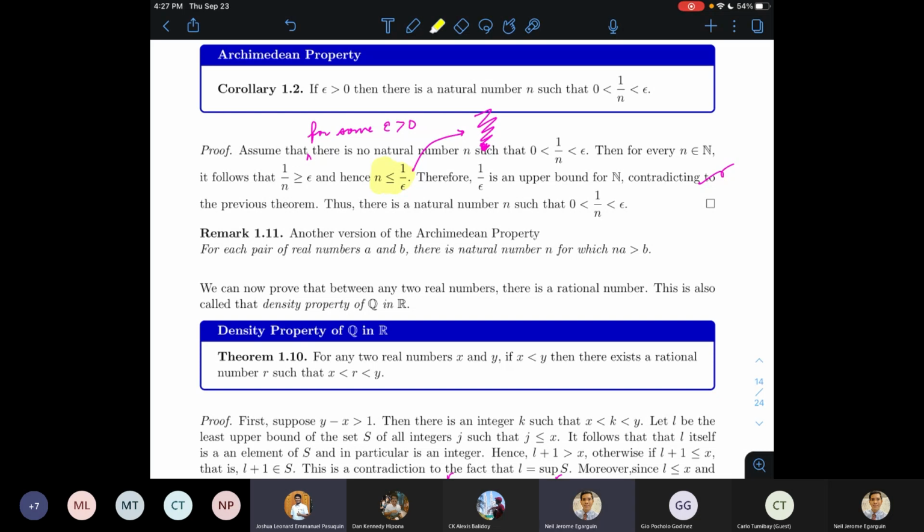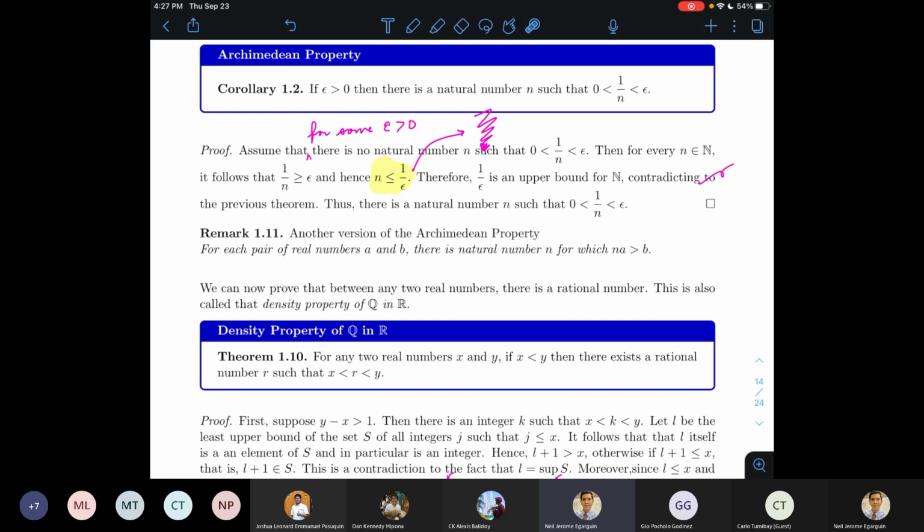Exactly. Thank you, Joshua. So prove lang natin kanina na set of natural numbers ay hindi bounded above. But here, look at what we said. For every natural number n, si n ay laging mas maliit or equal to 1 over epsilon. So that means the set of natural numbers is bounded above by 1 over epsilon, which is absurd. Kasi nga, kakaprove lang natin na hindi bounded above ang set of natural numbers.